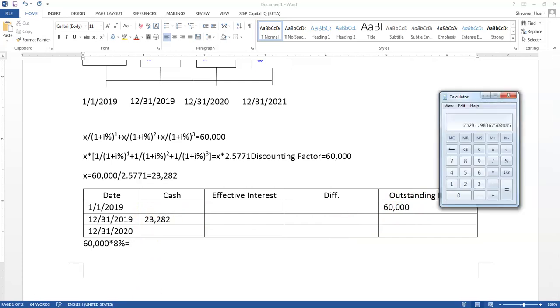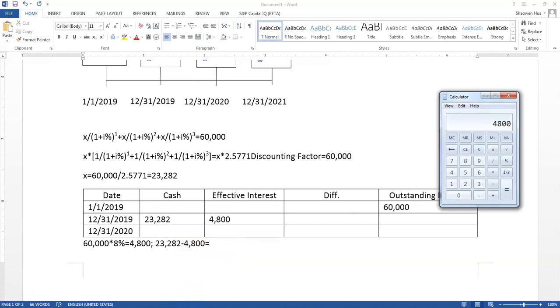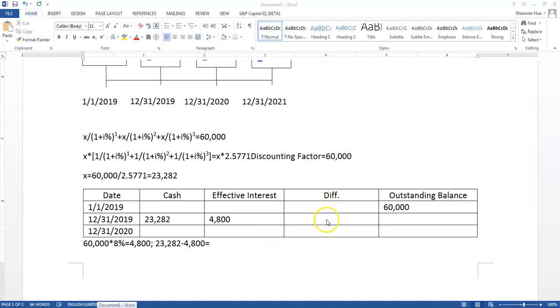So that is $4,800. So your interest expense is $4,800. So out of your cash payment, some goes to your interest expense. The remaining is $18,482.